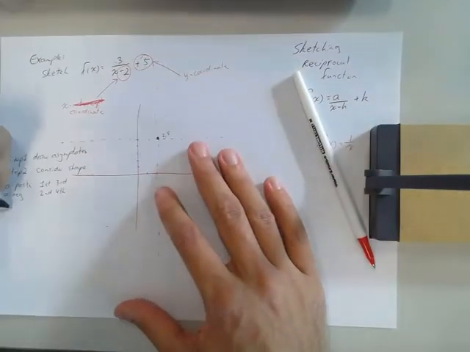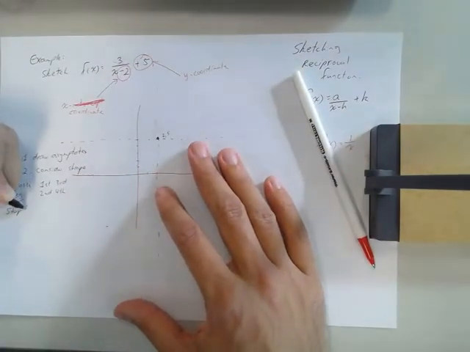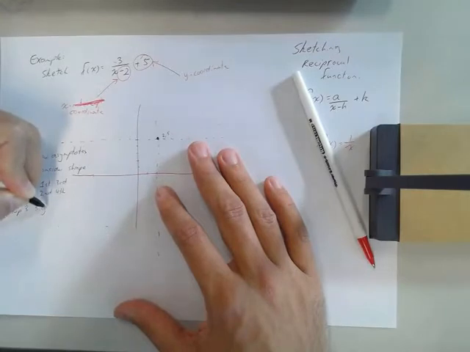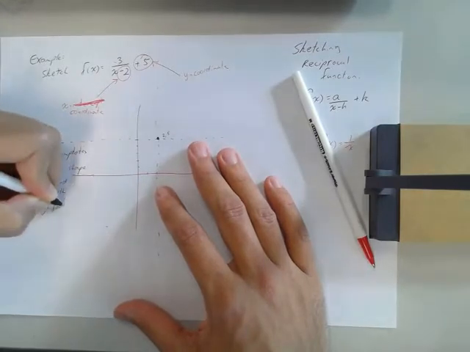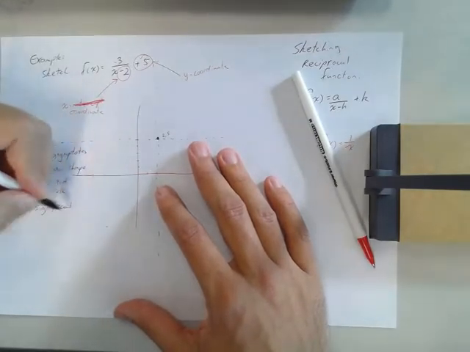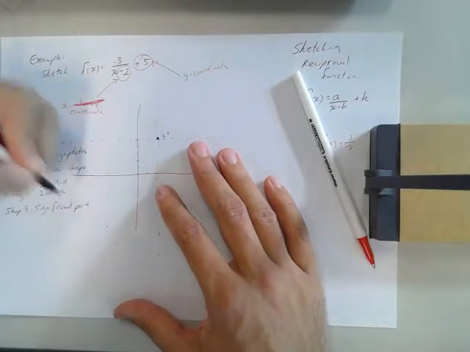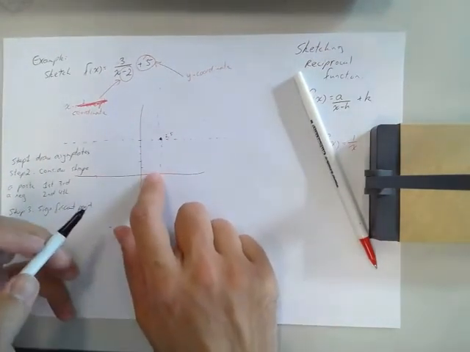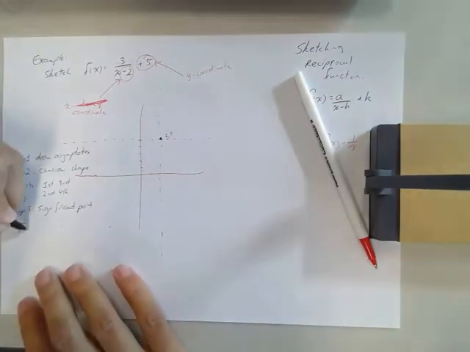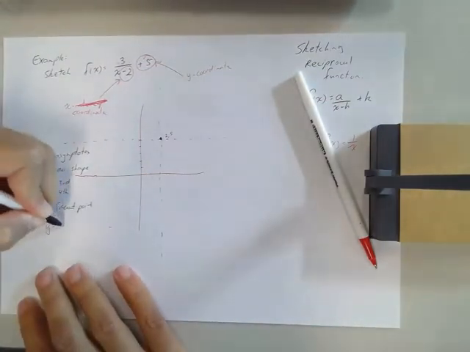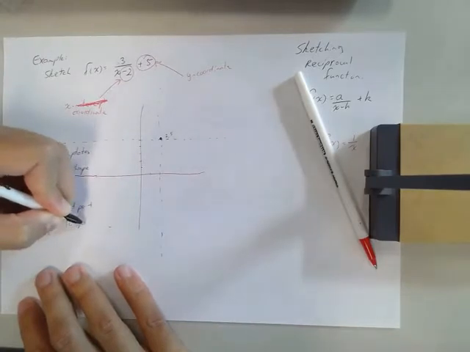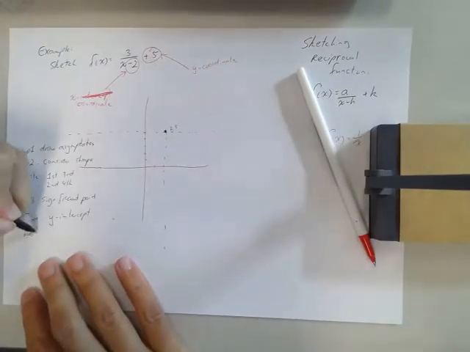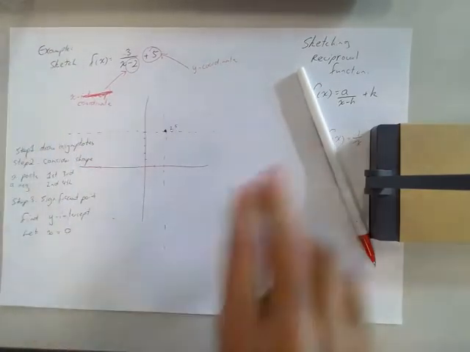Now our last real point here is to draw in a point. Now I'm going to do step 3. We call it a significant point. It really can be any point, but the y-intercept and the x-intercept make the most sense. So I'm going to find the y-intercept. I'm going to let x equal 0.